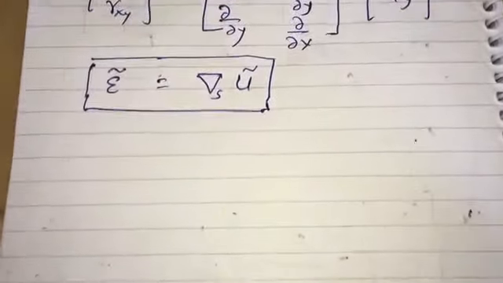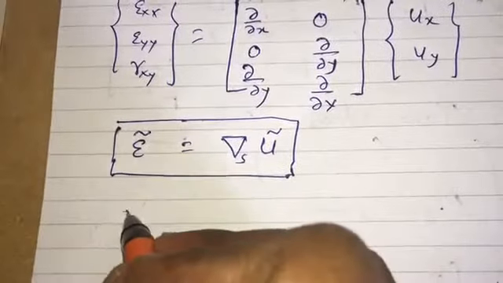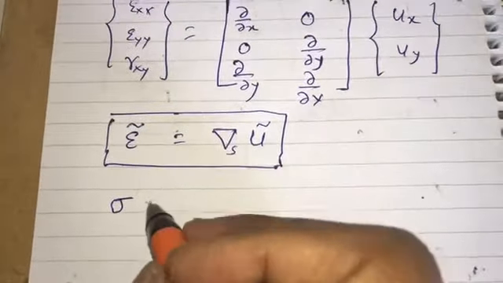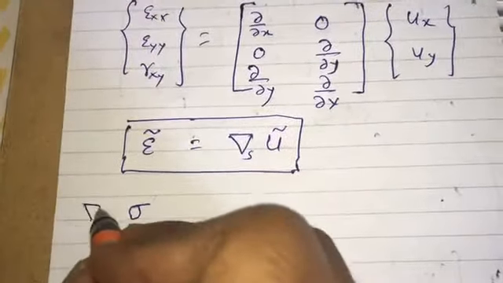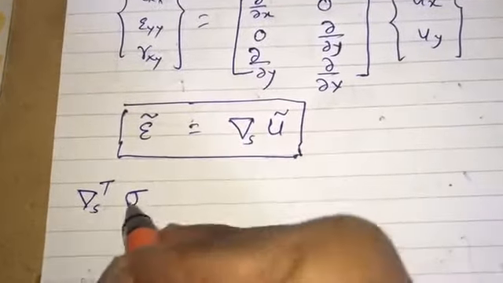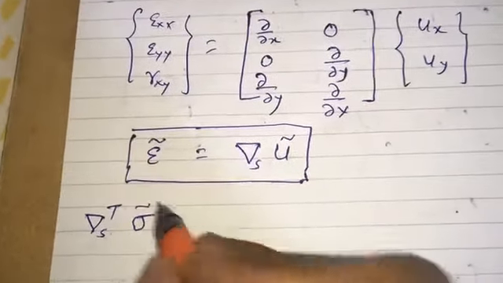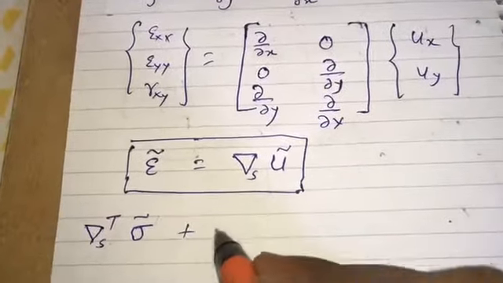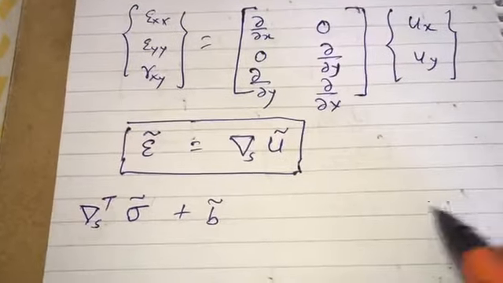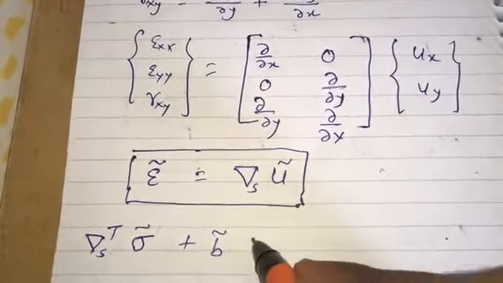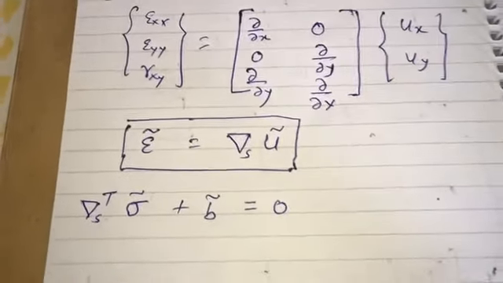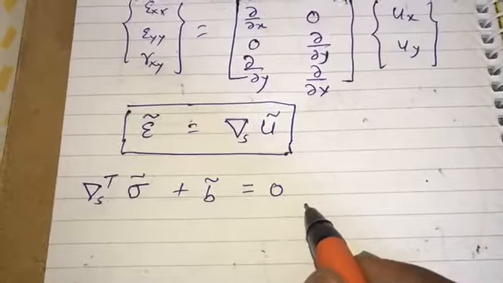Let's write them here. So we have the equilibrium equation: delta s transpose sigma plus b equal to 0. This is the equation of equilibrium, which relates all the sigmas with the force.